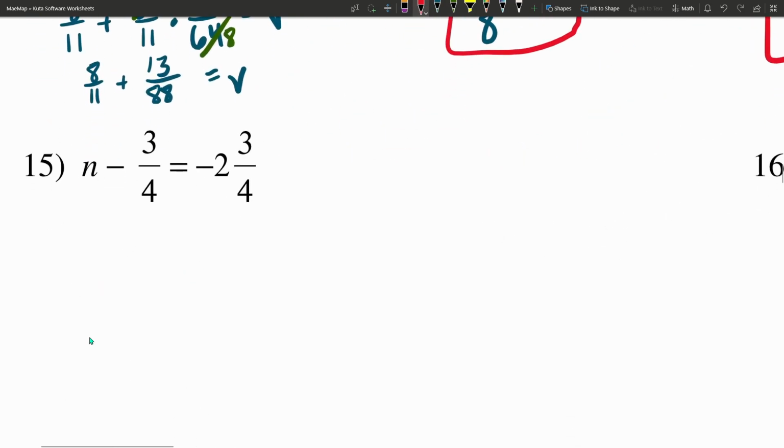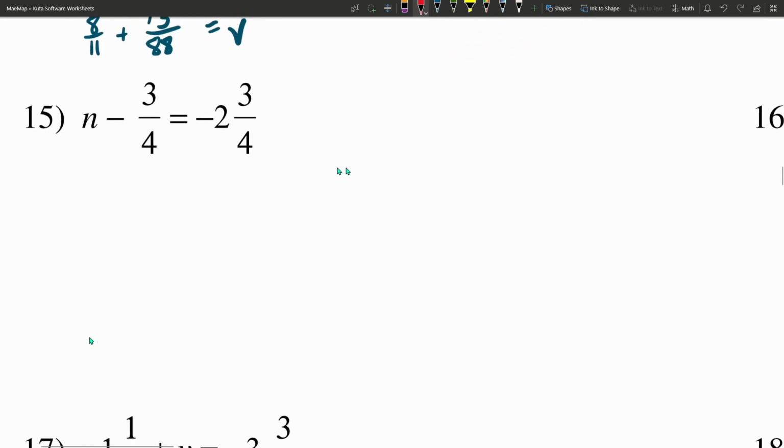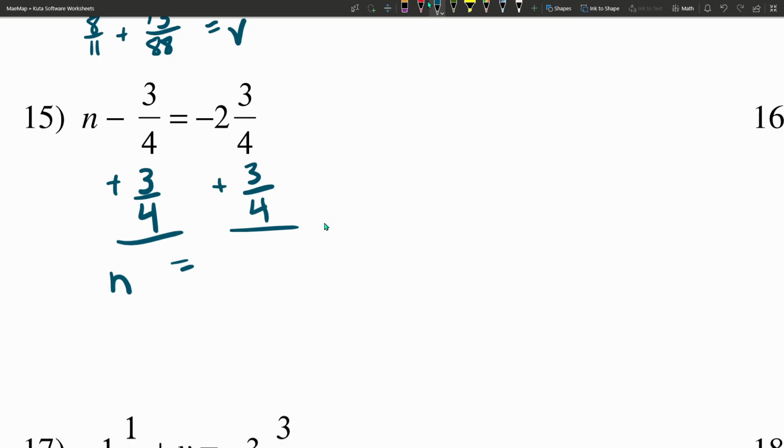In number 15, we have n minus 3/4 equals negative 2 3/4. So I'm going to add 3/4 to both sides in order to isolate the n. That's half the battle right there. As long as we can get n by itself, then it's just a matter of manipulating in order to get that simplified answer. So if I have negative 2 3/4 plus 3/4, remember, think about that negative 2 3/4 as negative 2 minus 3/4.